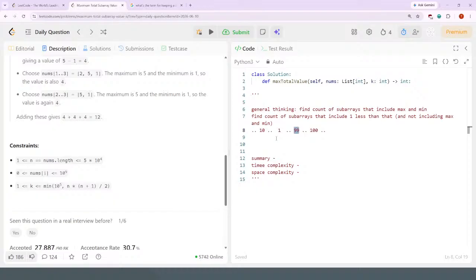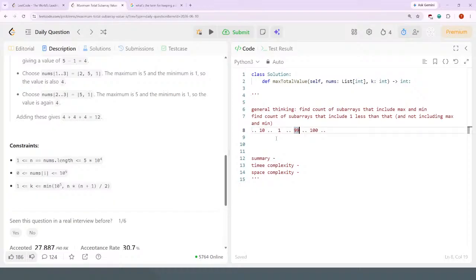Or maybe O of n log n time. Probably n log n time.